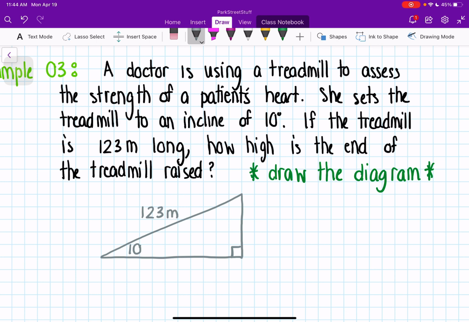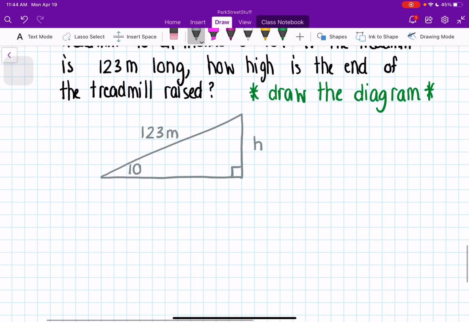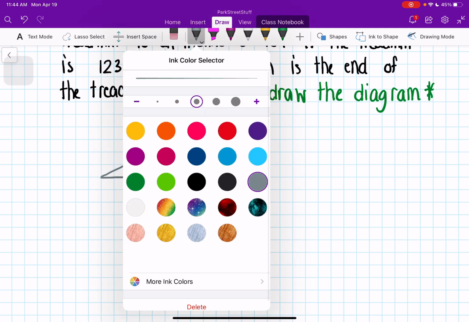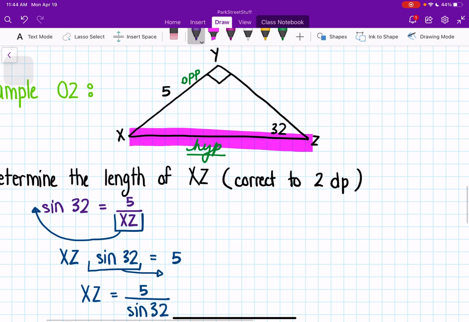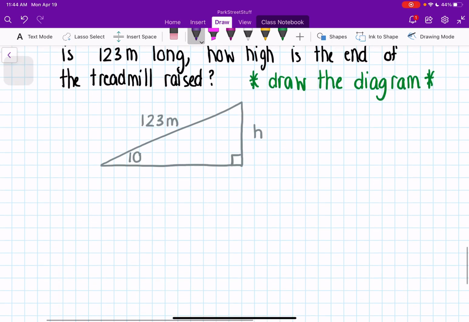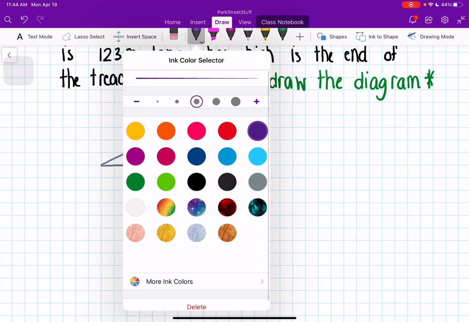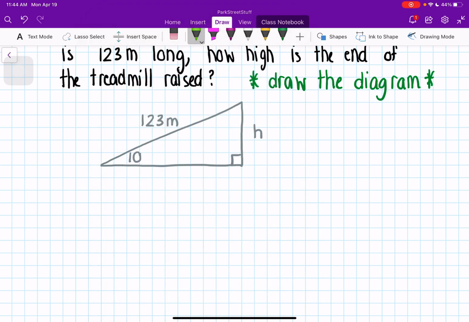And we want to know how high the end of the treadmill is raised. So I'm going to call this h for my height because that's what we're looking for, okay? And so from this diagram, I now have to do what I did earlier on, where I had to figure out what am I looking for, what do I have, and what trig ratio does that translate to. So in our scenario, what am I looking for?